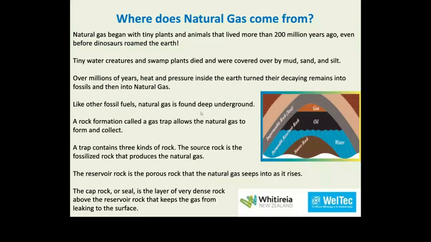Where does natural gas come from? So basically, it is the decomposition of natural things. So trees, forests, organic matter that are millions of years old. Sometimes it's oceans that have been the ocean floor and things like that.